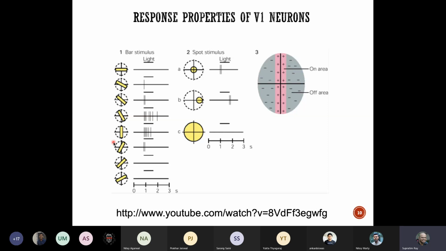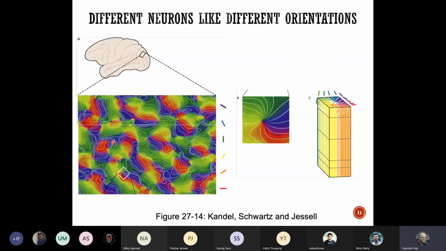Okay, so this is what I was telling you about the orientations. If you look at a piece of visual cortex here and look at what orientation they prefer, they are color coded this way. You see that there's a very beautiful mosaic sort of structure, where now if you zoom in a little bit, these are called pinwheels.